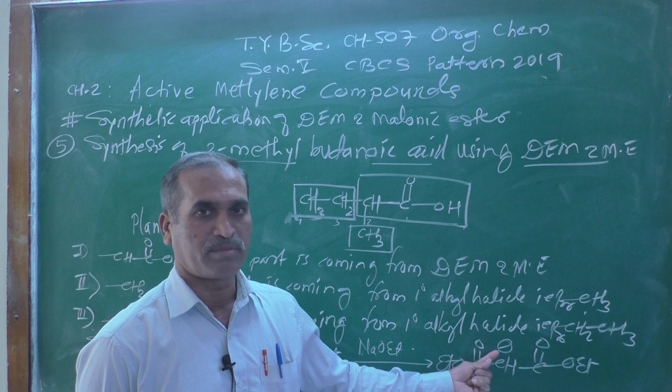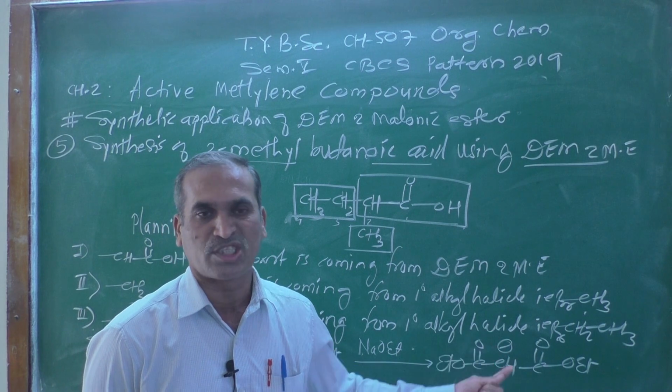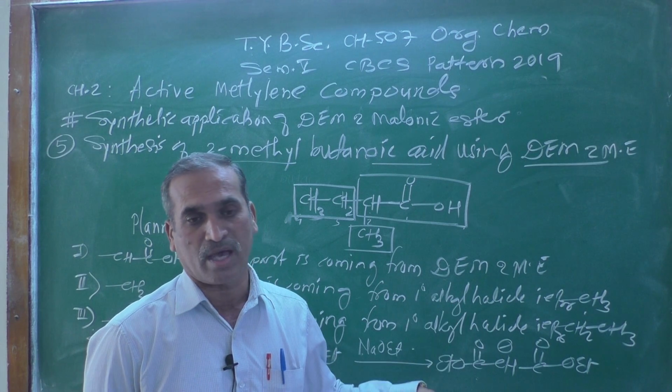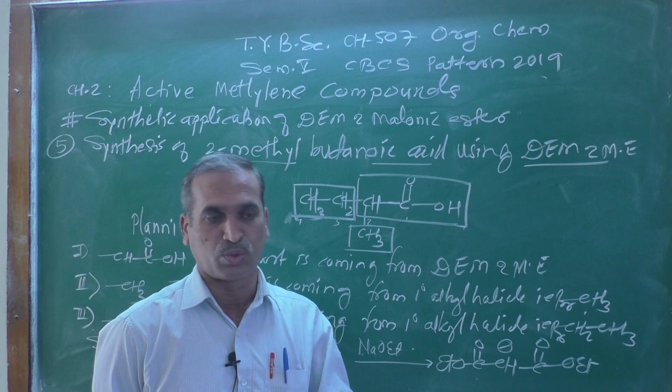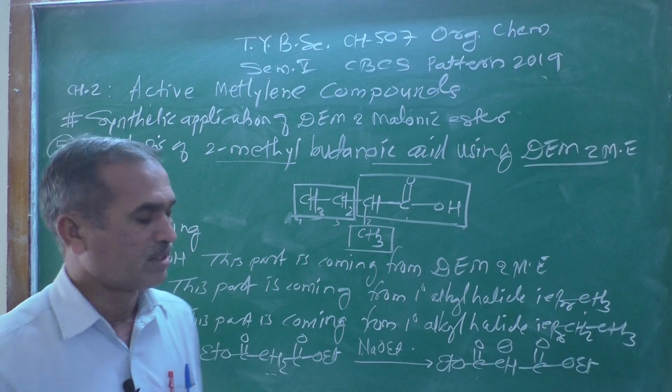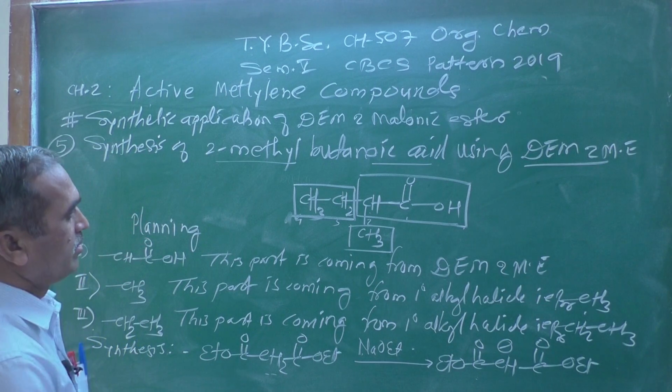The carbon atom carries a negative charge. Such species are termed as carbanion, and that carbanion is well stabilized due to the resonance structure or the mesomeric effect.